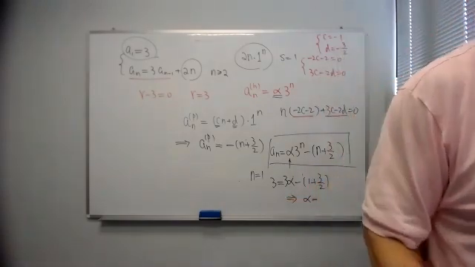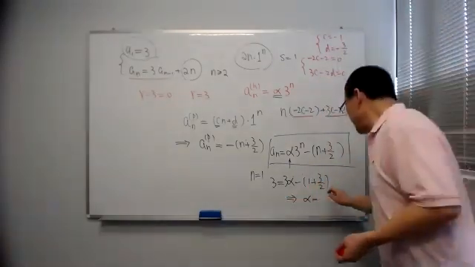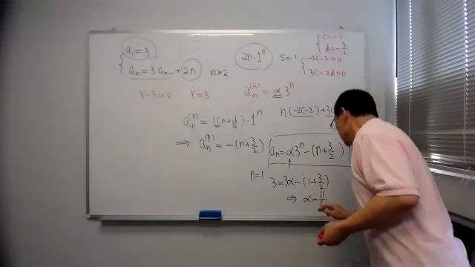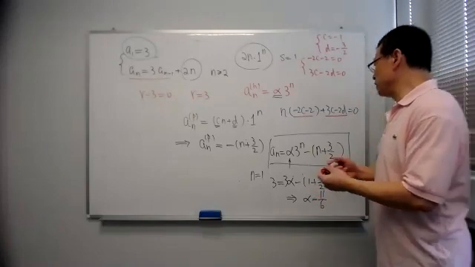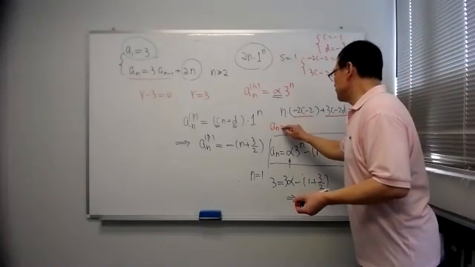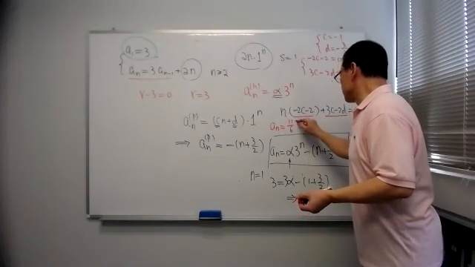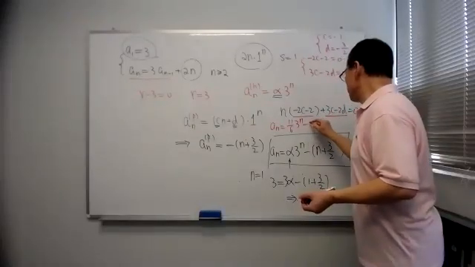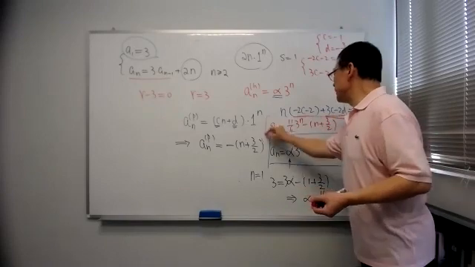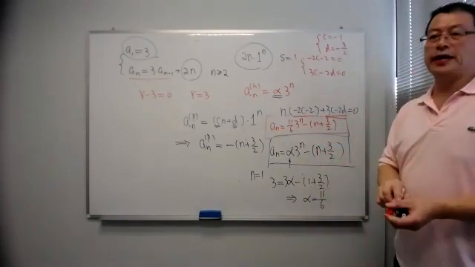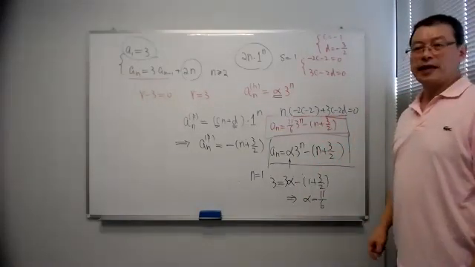Let's see. Oh, yes, a fractional number. So eventually, we will be able to get our solution, which will be a_n equals something minus n minus 3/2.